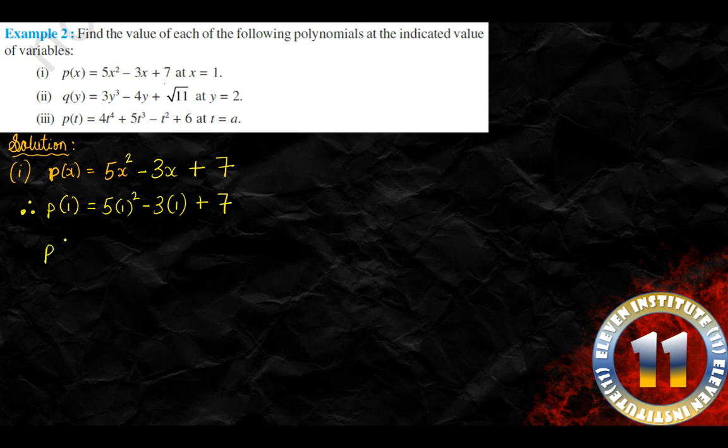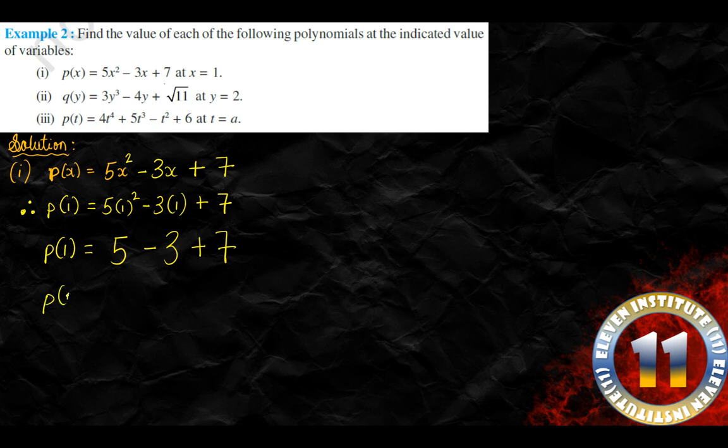So now we can write p of 1 is equal to 1 square શું થાય? 1, and 1 into 5 is 5, minus 3 into 1 is 3, plus 7. જેટલી બી પોઝિટિવ ટર્મ્સ છે એને અલગ, નેગેટિવ ટર્મ્સ છે એને અલગ. So 5 plus 7 શું છે આપણા માટે? 12.